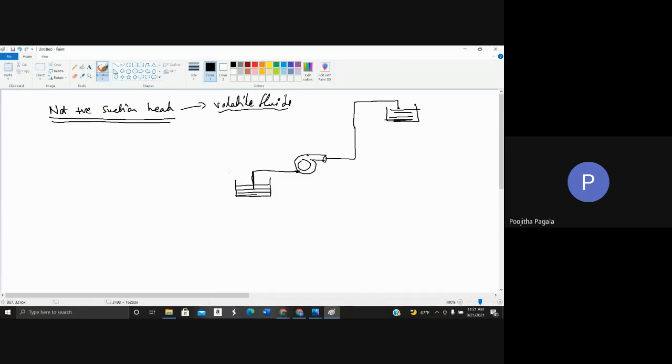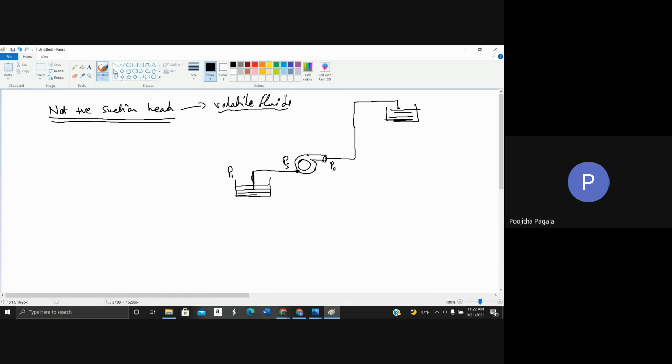So when you have a pressure P1 here, for the pump to suck the fluid, this is PS. PS stands for the suction pressure, which is the pressure with which the pump draws in the liquid.